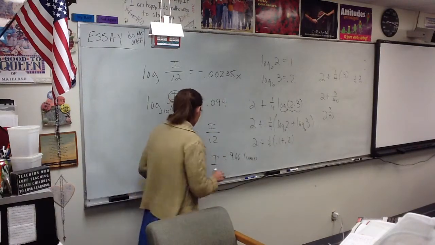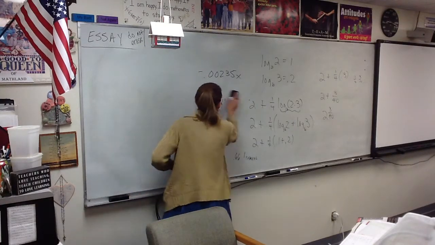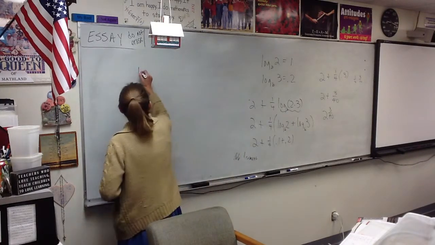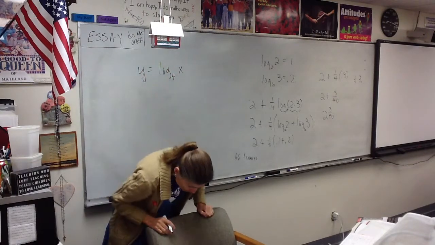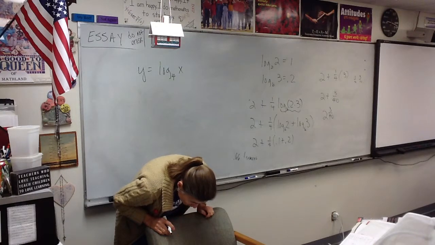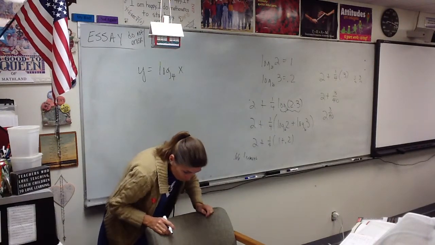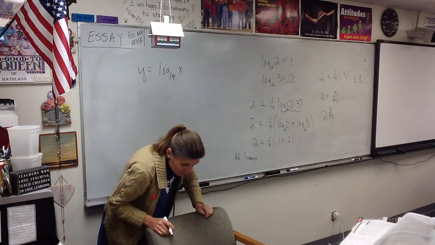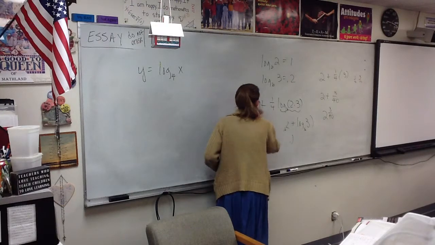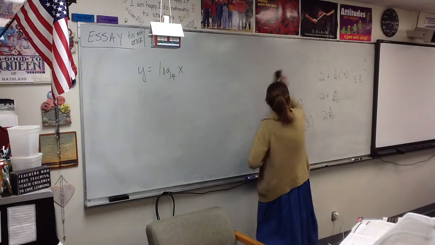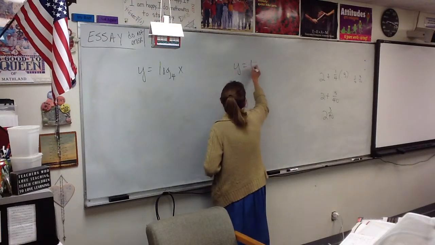Number 39, log base 4 of x. And the directions say, describe how to transform it, then sketch it by hand and support the graph. Okay. When we talk about the basic family functions, the equation that you memorized was y equals ln x, right?